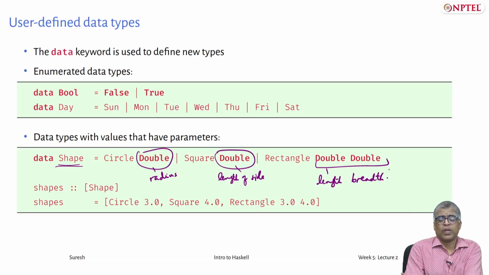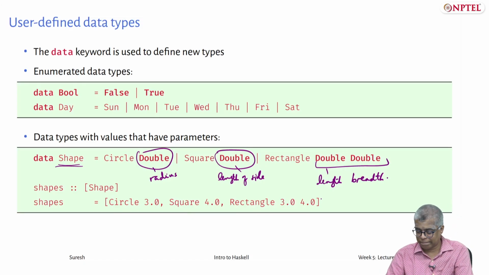So I can now define a list of Shape: Circle 3.0 or Square 4.0 or Rectangle 3.0 4.0.